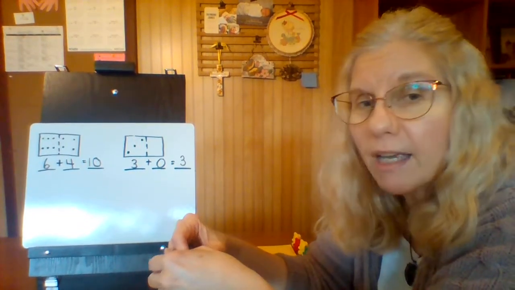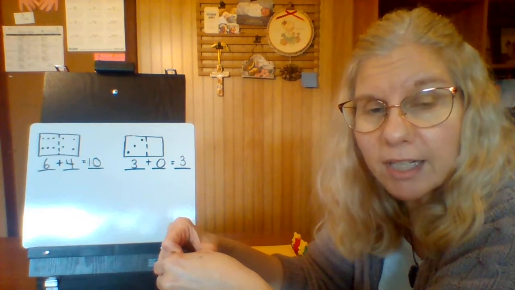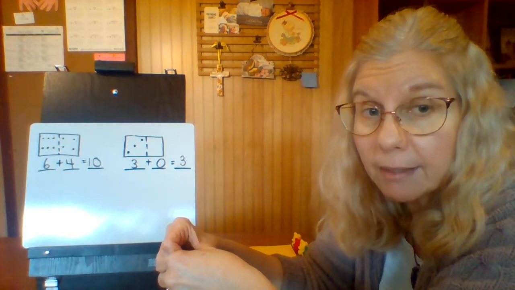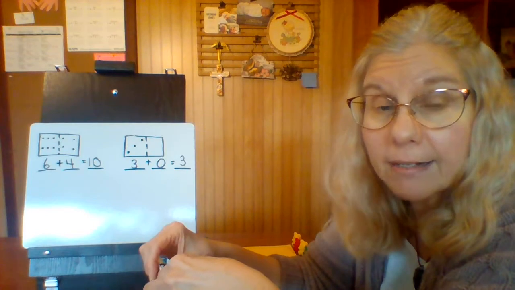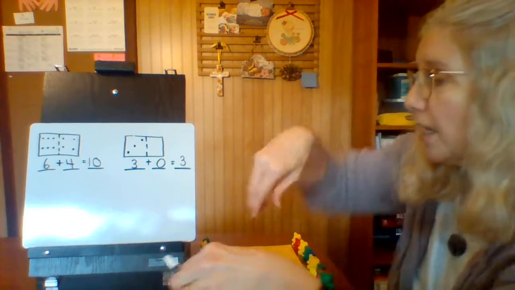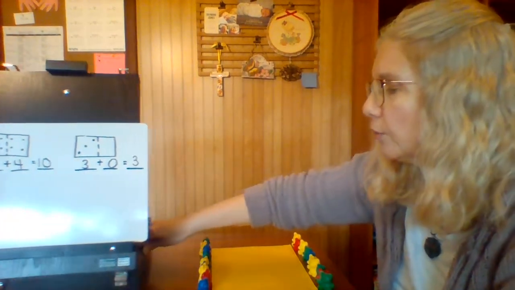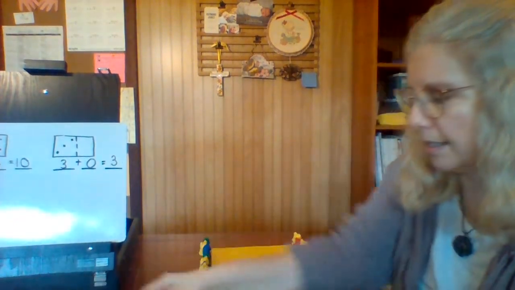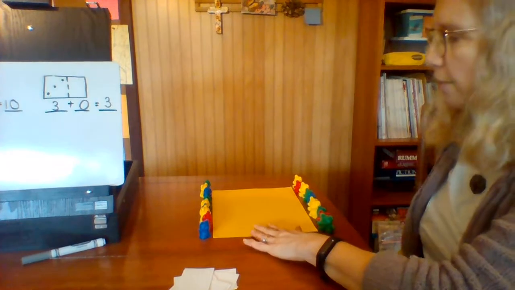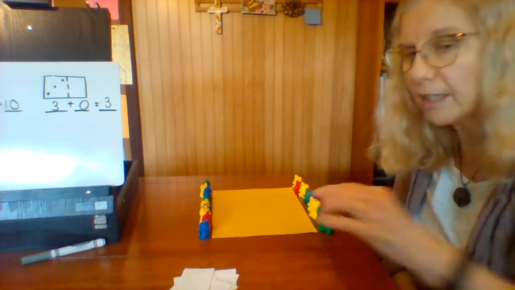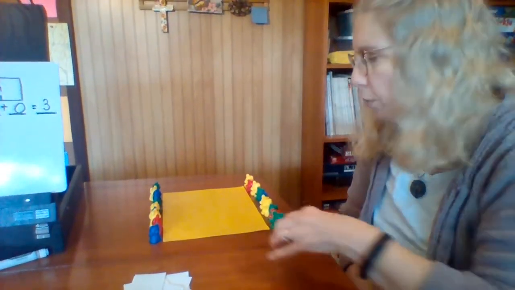Now, we are going to use the teddy bear counters today. So you need your yellow work mat, and all those teddy bear counters. So I will show you where we're at here on mine. There you go. I have my mat. We are going to pretend this is a swimming pool and that the bears are wanting to go swimming in that swimming pool.